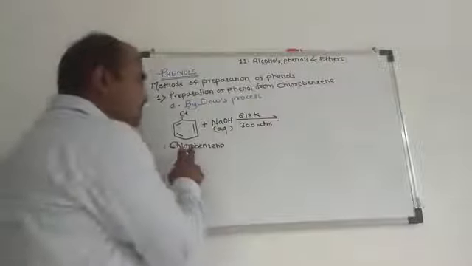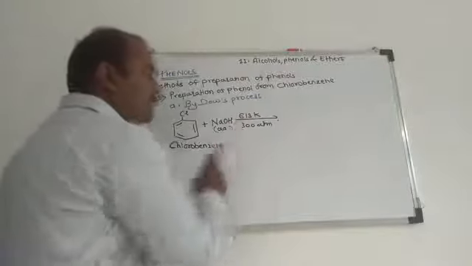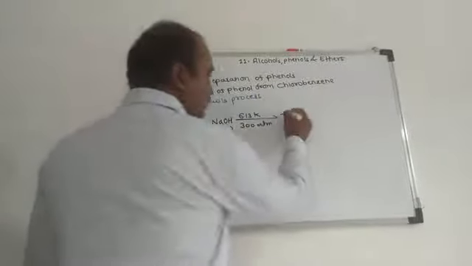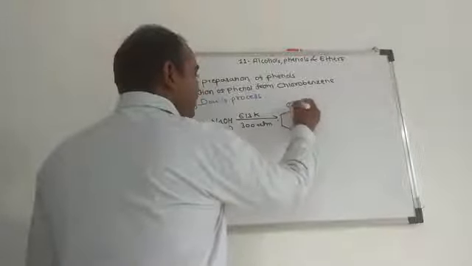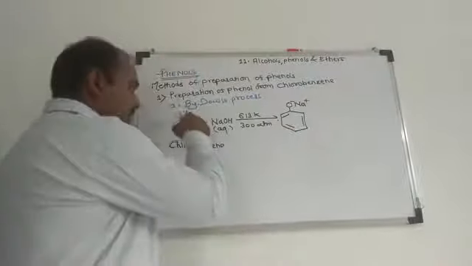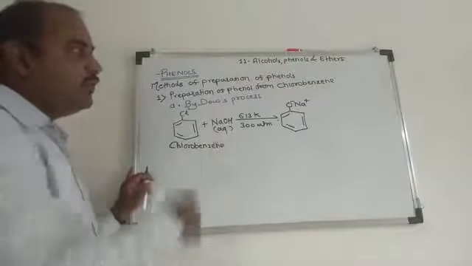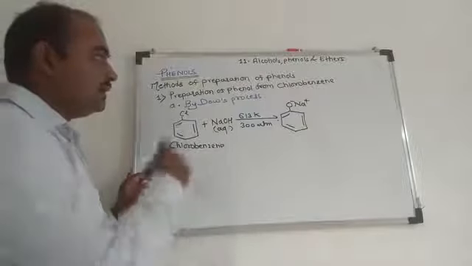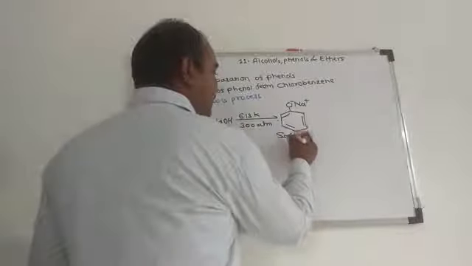Now this chlorobenzene, when heated with this at 613 Kelvin and 300 atmospheric pressure, is converted into sodium phenoxide. Here the chlorine Cl is replaced by phenoxide O minus ion. So chlorobenzene is converted into sodium phenoxide.